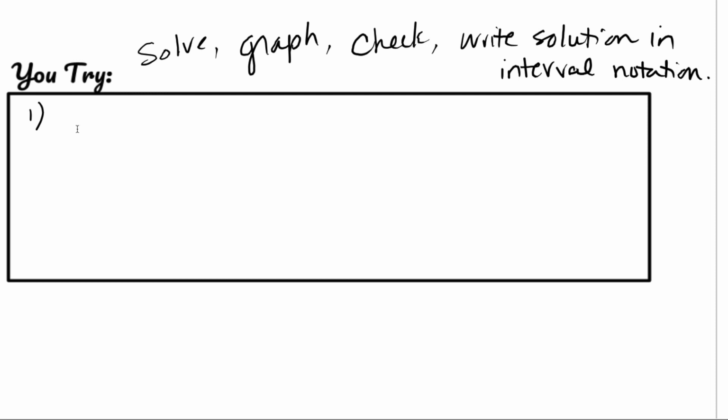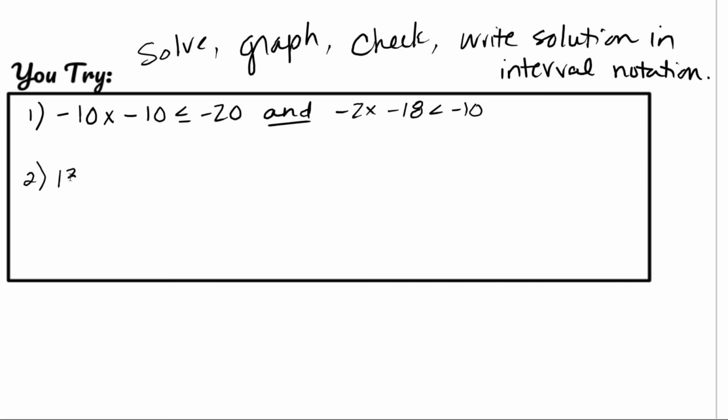Okay, so number 1, negative 10x minus 10 less than or equal to negative 20, and negative 2x minus 18 less than negative 10. Number 2, 13x plus 13 less than or equal to negative 13, or negative 5x plus 11 less than or equal to negative 4.